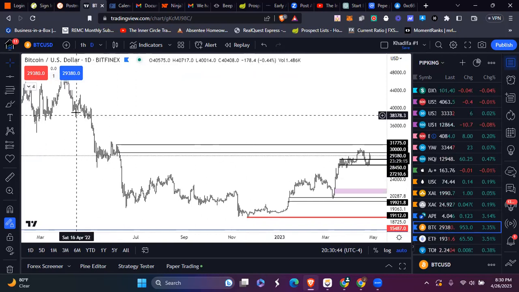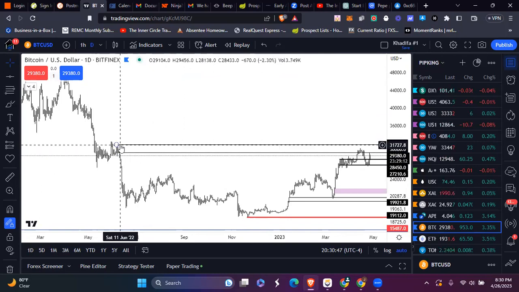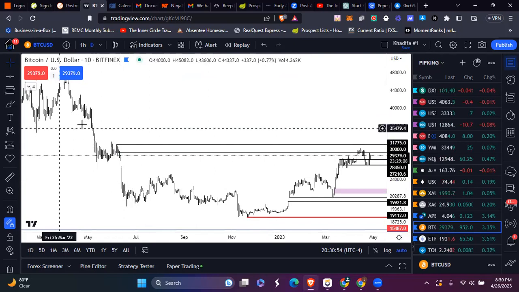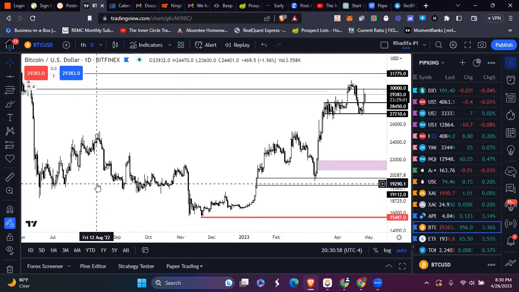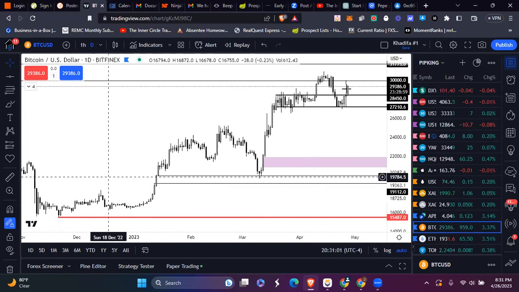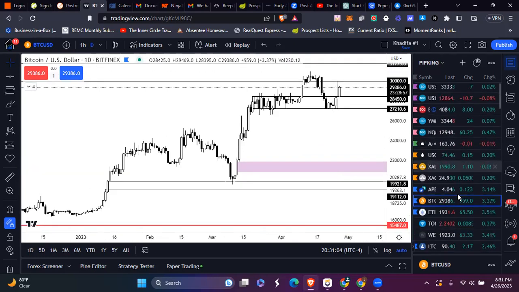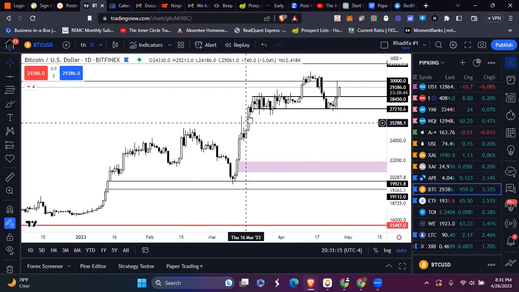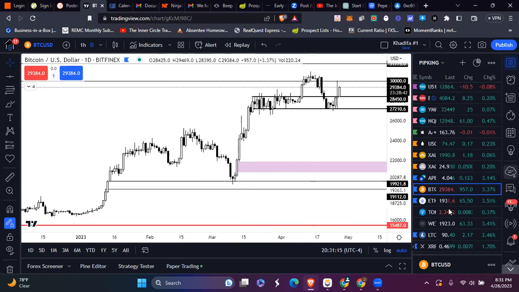First, hit the next buy side liquidity at 31.7 and then start filling in this imbalance that we see right here. But we've got to get back above 30,000 first before we can consider that. And if we break back below, you already know we'll be coming back down to this fair value gap.